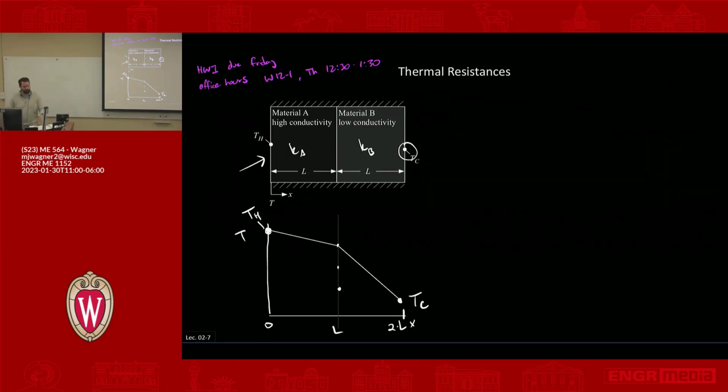All right, so let's modify this example just a little bit and introduce another resistance idea. Let's say at this interface between A and B, it's two different materials, so you maybe have two blocks that are clamped together. If you were to blow this up, the interface might actually look like this at the micro scale.